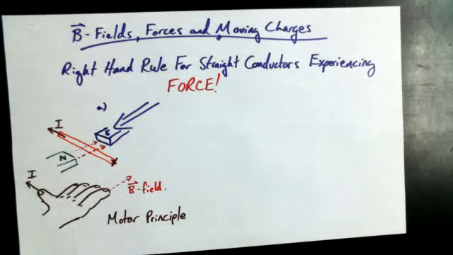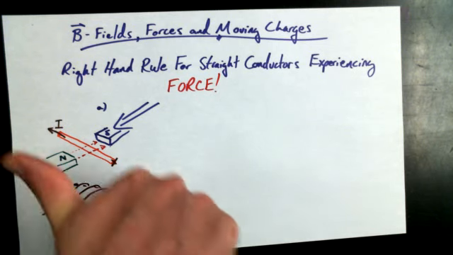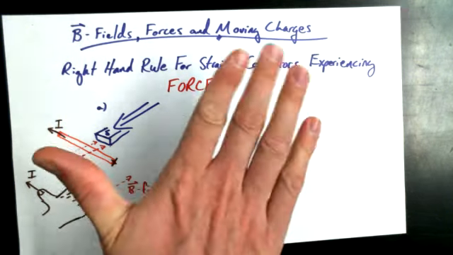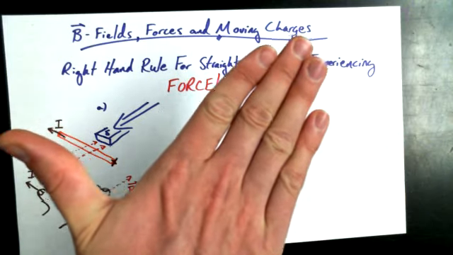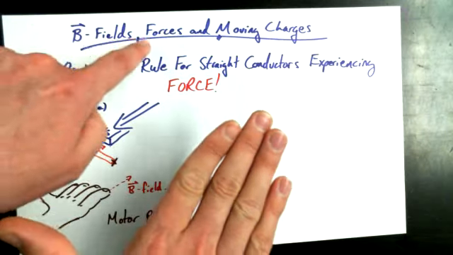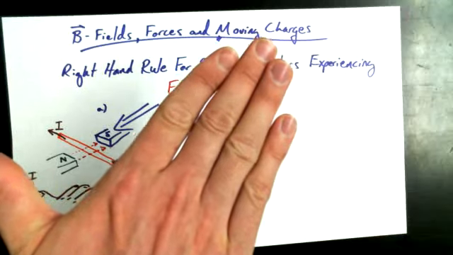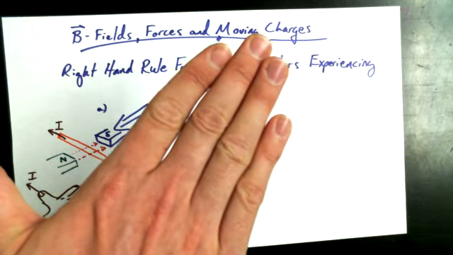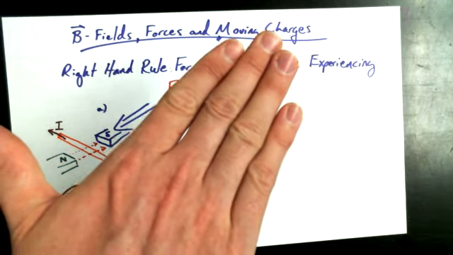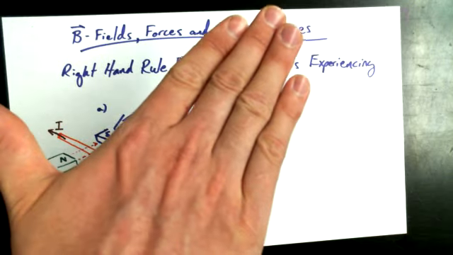Now, we haven't finished this motor principle actually. If you have a current in the presence of a magnetic field, what actually happens is, if the current is going in this direction, my thumb, and the magnetic field is going in this direction, the result, and you can probably tell by the title of the note, is that the wire gets pushed in the direction that your palm is pointing.